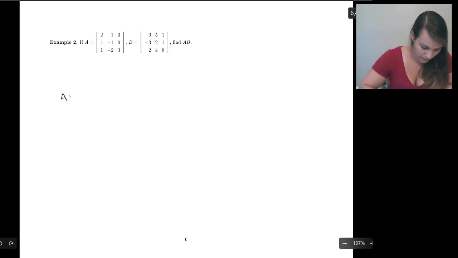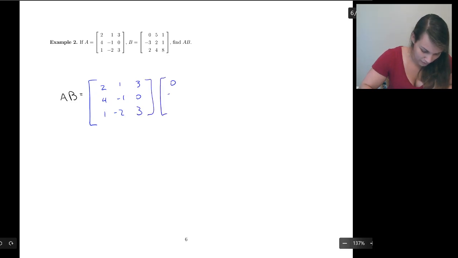So if we want to find A times B, I first write out 2, 4, 1, 1, negative 1, negative 2, 3, 0, 3. And then we've got 0, negative 3, 2, 5, 2, 4, 1, 1, 8.